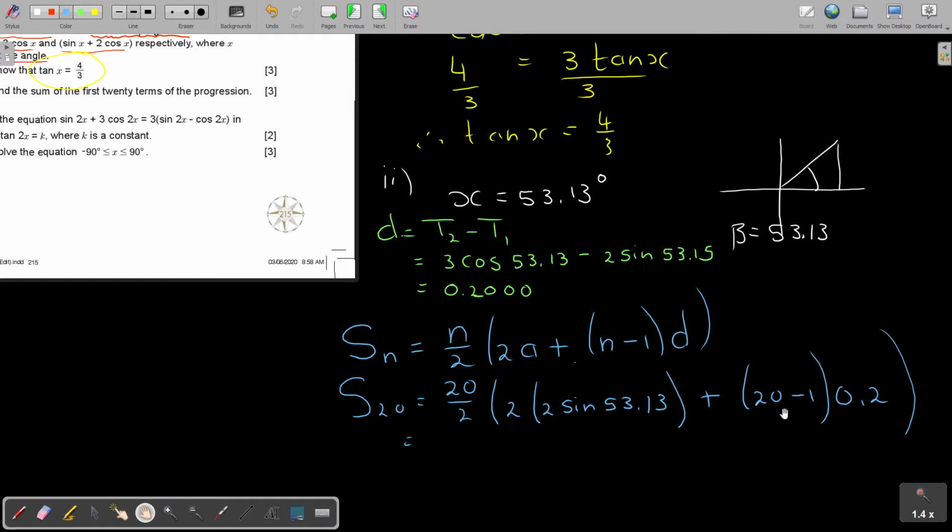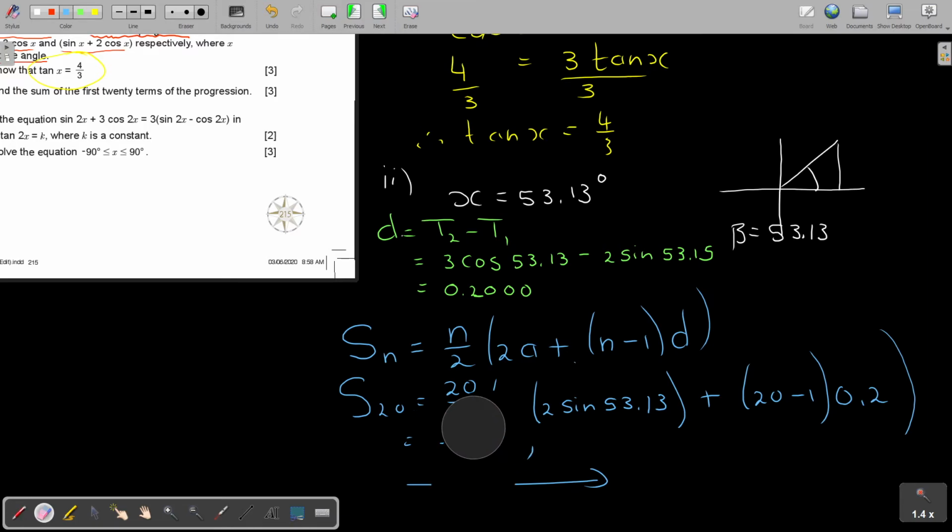So 4 multiply sin 53.13 plus bracket 19 multiply 0.2, close the bracket, equals, multiply 10 equals. And I'm getting 69.999. So make it to 3 significant figures, 70.0. That is going to be my final answer.